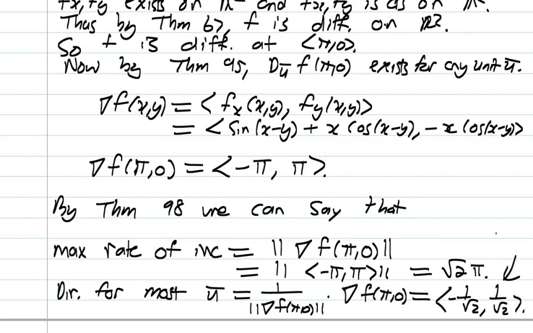And you can see this is indeed a unit vector. All right. So remember, when we're dealing with directional derivatives, our direction u is always a unit vector. And there we've answered both of these questions using theorem 98. So pretty neat. So we have an alternative way of playing with directional derivatives.